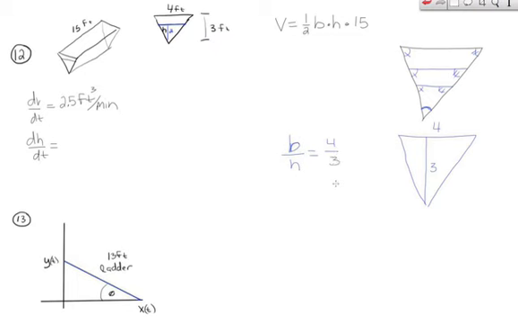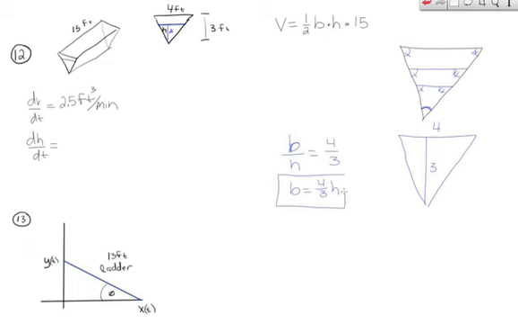That ratio is going to hold true for all these similar triangles, no matter what level the water's at. I want to know about dh/dt, so I need h in my problem. So I'm going to rewrite this to say base equals 4/3 of a height.